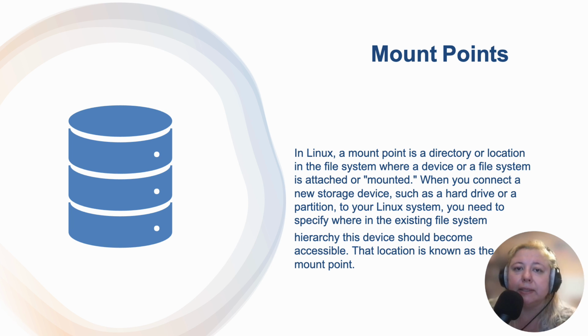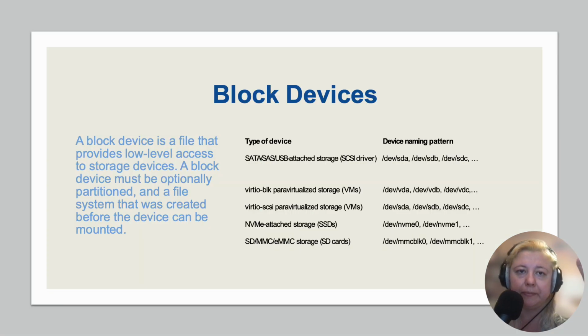Modern Linux file systems identify connected external storage automatically and place mount points in the /mnt directory. However, in some circumstances, you need to specify the spot where this external storage can be accessed by the user. This is called a mount point. Any attached storage device in Linux is called a block device.